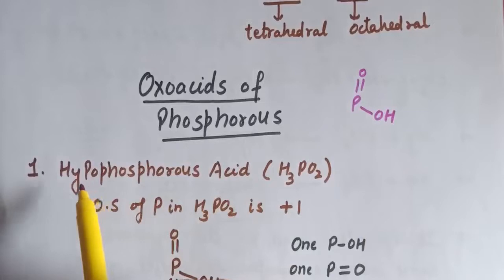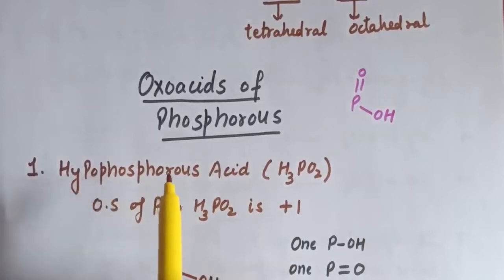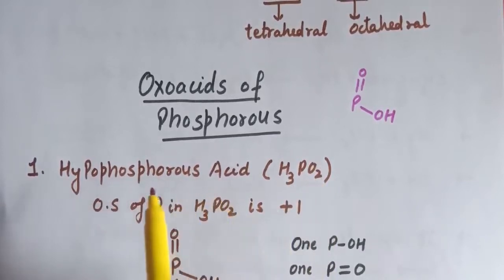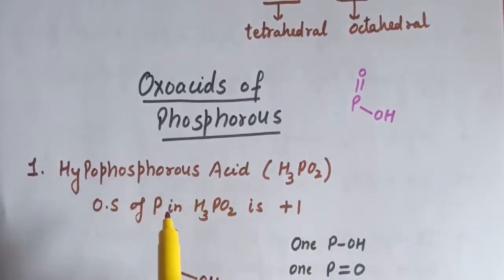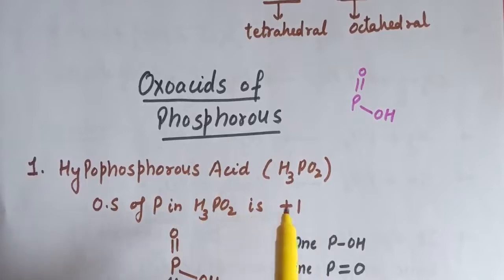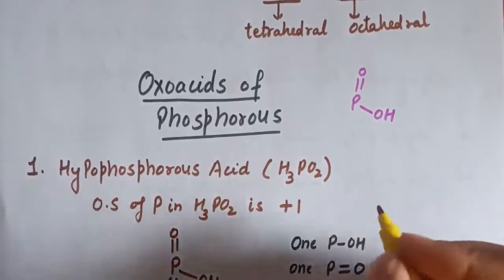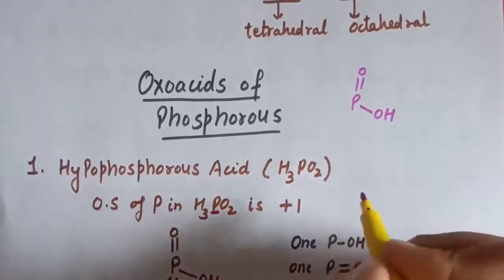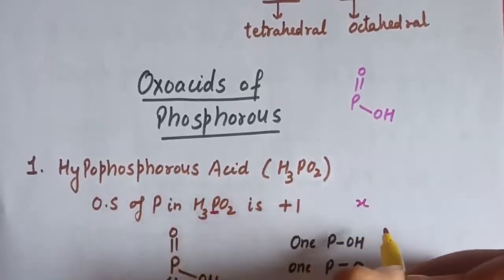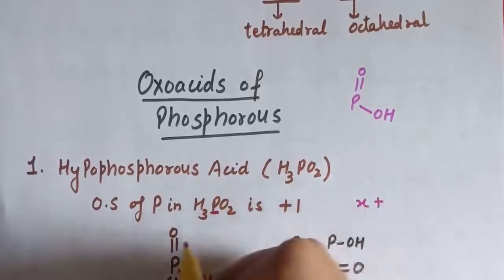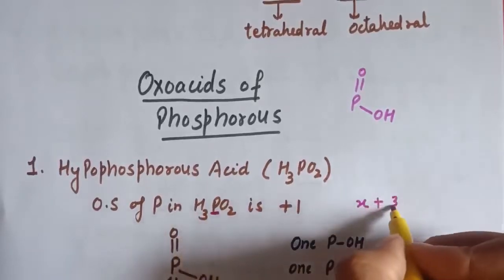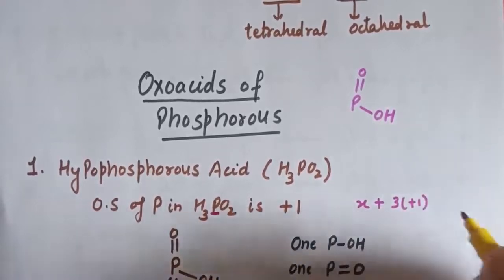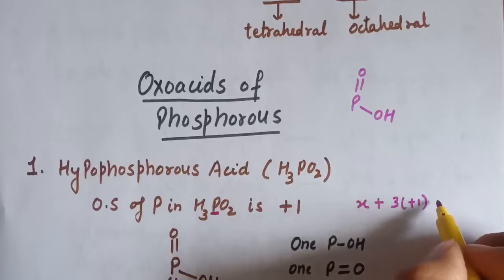So the first oxoacid of phosphorus is hypophosphorous acid and the formula is H3PO2. Now the oxidation state of phosphorus in H3PO2 is +1. We can calculate by the formula. Here we are calculating the oxidation number of phosphorus. So we can consider it as X plus, for hydrogen we have +1, for oxygen the common oxidation number is -2.